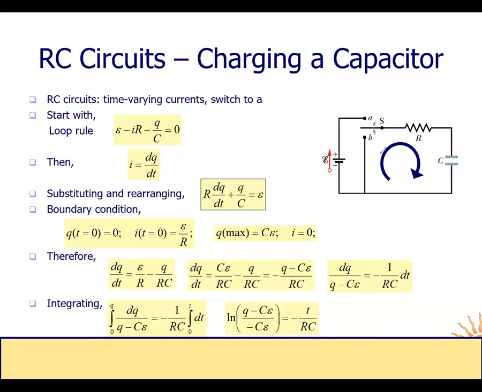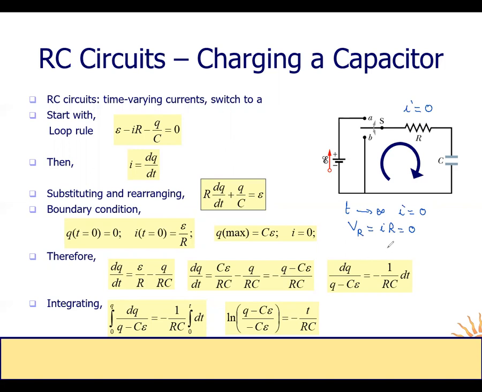When we have time equals infinity, I equals 0. So V at the resistance equals I R equals 0.